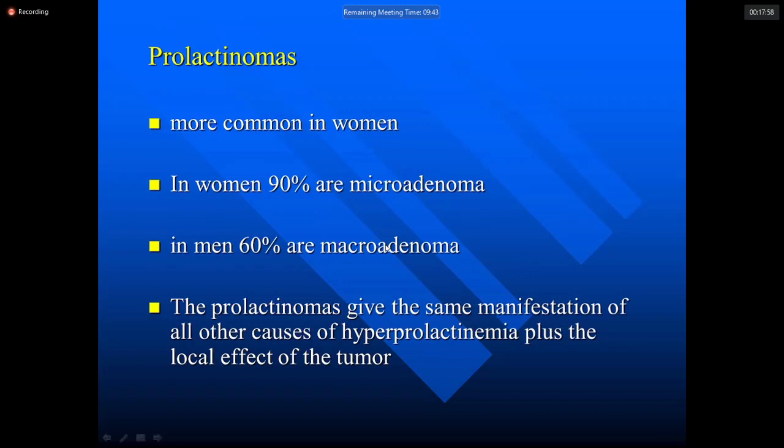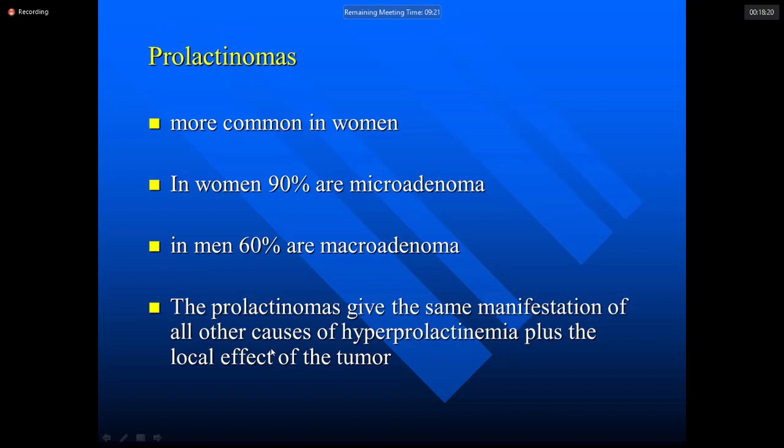Some of the explanation for that may be the later presentation of men to healthcare seeking advice regarding infertility. But women usually go to healthcare earlier once they have menstrual cycle irregularities.